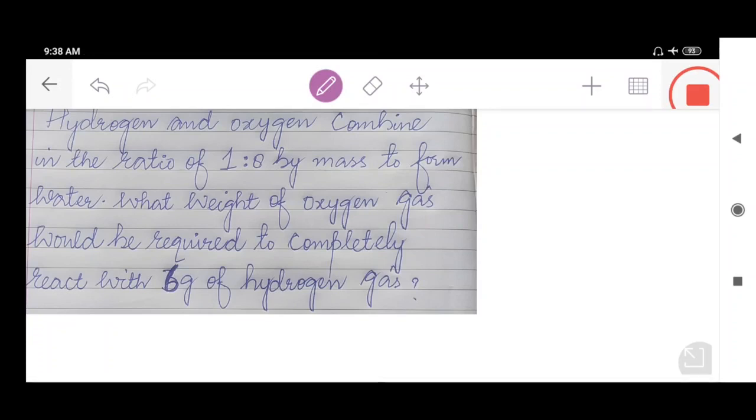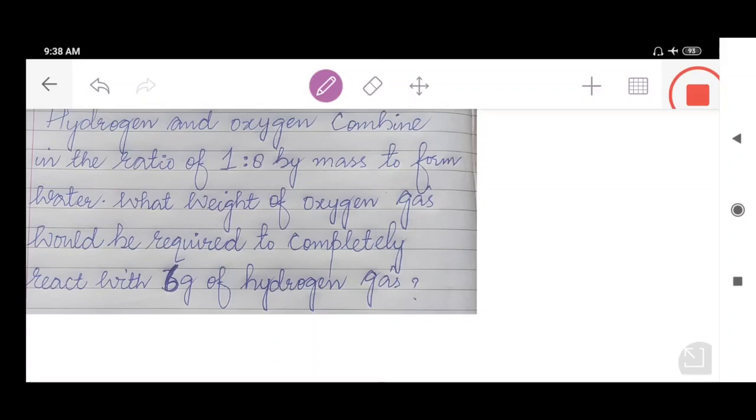So today's video lecture is solely based upon two numericals. We will discuss two numericals in this video lecture so as to make you understand the basic nitty-gritty, rather the bottom line, of these laws of chemical combinations. So let's discuss, students.